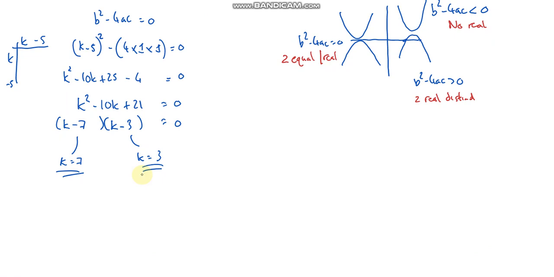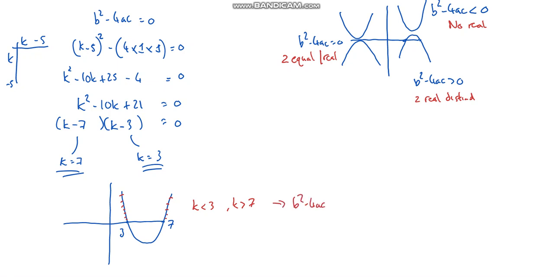Okay. So actually, if I draw this out, what I've got is 3 and 7 on here. That's my roots. Now, anything above this, these values here, if I said then that k was less than 3, or k was greater than 7, that means that I've got b squared minus 4ac greater than 0.